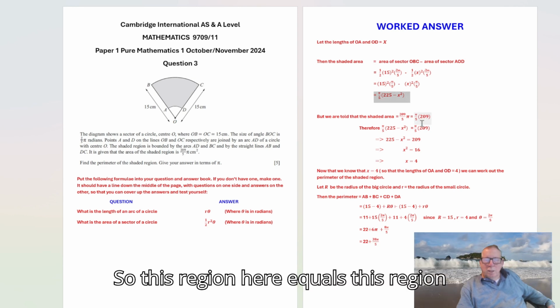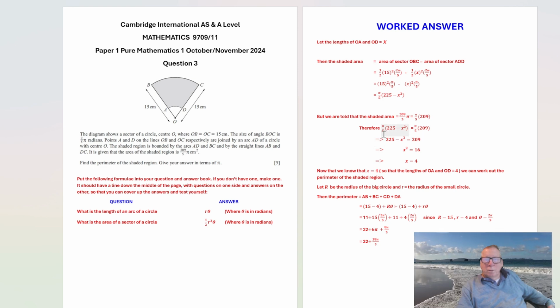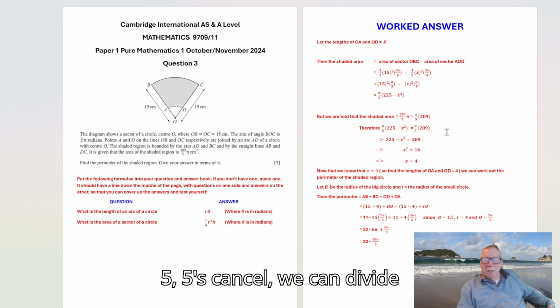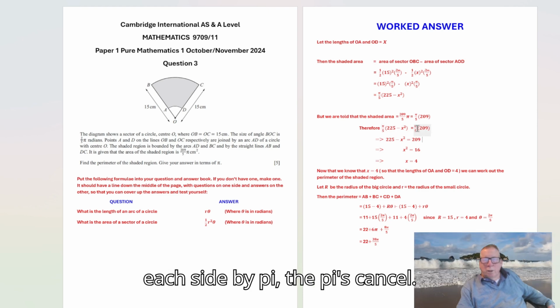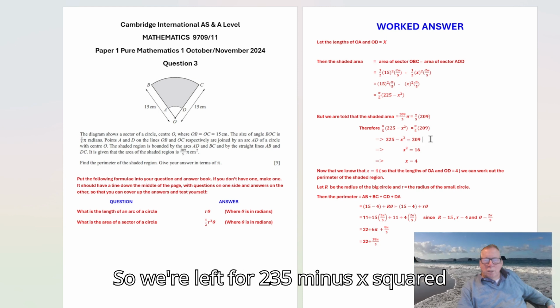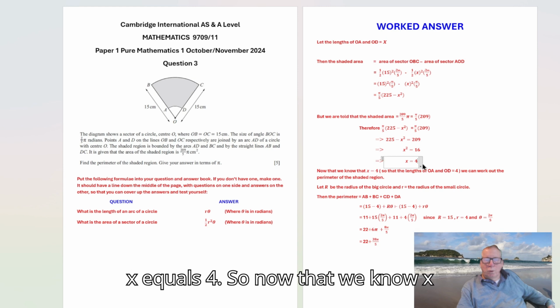So this region here equals this region here, and we can simplify this by multiplying each side by 5. 5's cancel. We can divide each side by pi, and the pi's cancel. So we're left with 225 minus x squared equals 209, x squared equals 16, x equals 4.